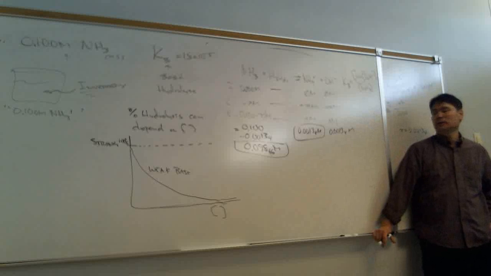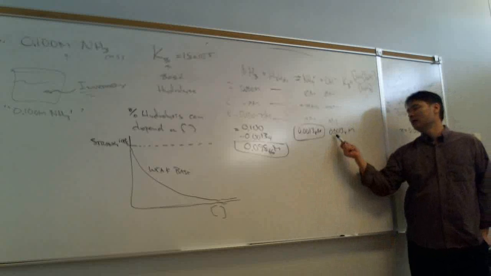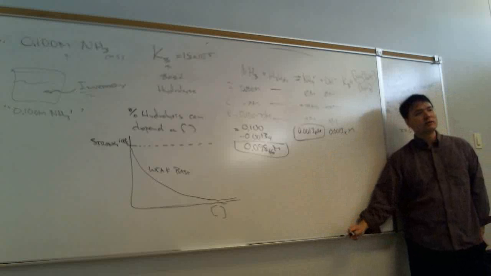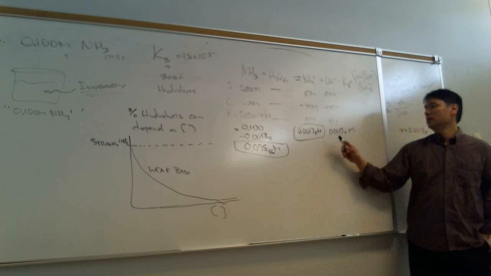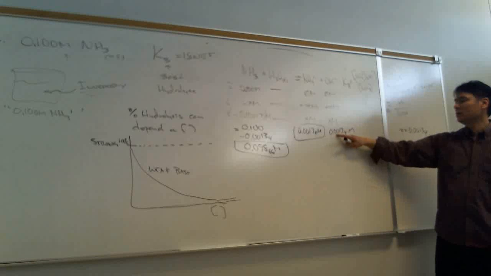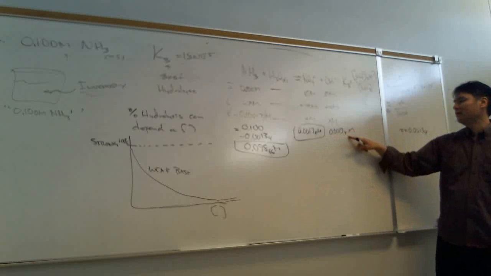Why? Okay, the argument you would use here: because the most hydroxide you're going to get from water would be less than 10 to the minus 7. And so would 10 to the minus 7 even impact this? 1, 2, 3, 4, 5, 6, 7.